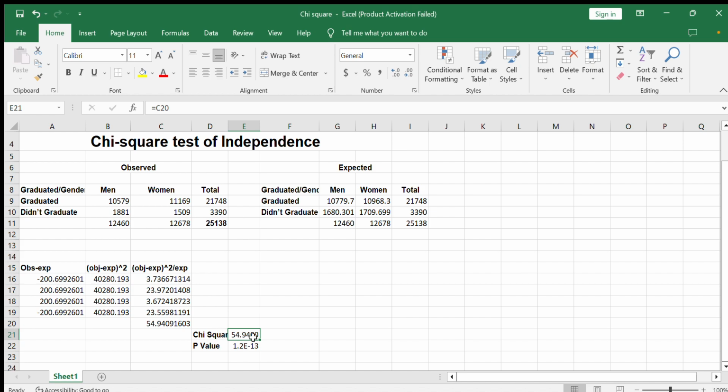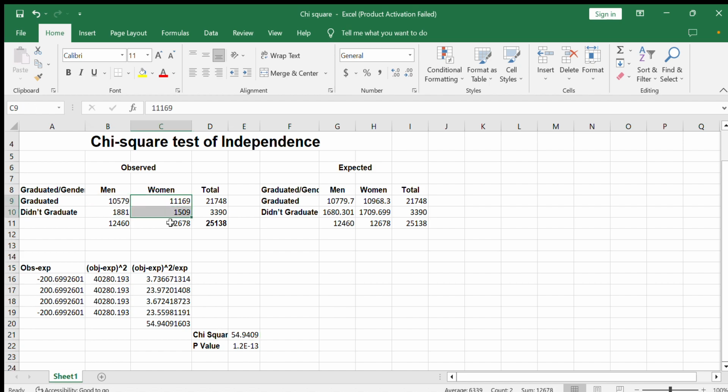That is number one. Number two, the degree of freedom. Remember, we also said that this is a 2 by 2 matrix. So you are going to have two rows for men and two rows for women.